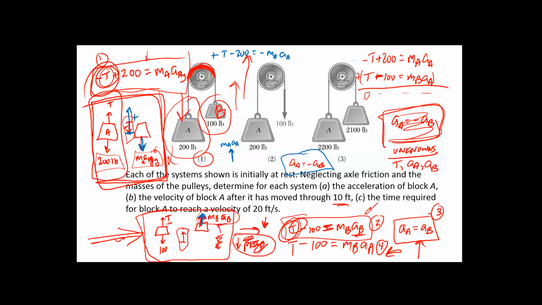All right, more questions. I have a quick question. For part B of this question, it says to find the velocity after it's moved through 10 feet. From part A, we can find the acceleration, and then do we just differentiate it?